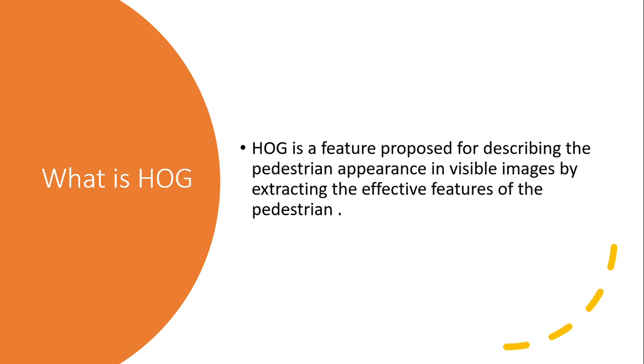Extracting effective features to describe pedestrians is critical in pedestrian detection. HOG is a feature proposed for describing pedestrian appearance in visible images.